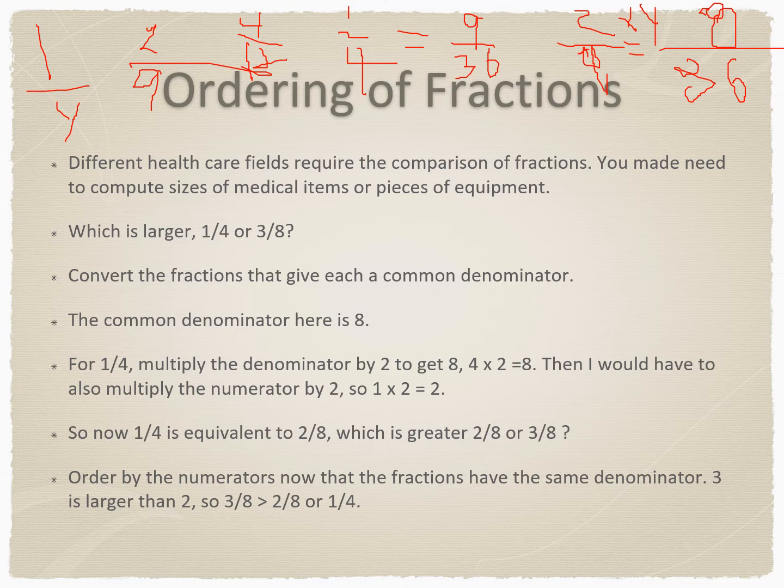And then lastly, I've done the 1/4, I've done the 2/9, and now I have to look at my 4 over 12. I have to turn my 12 into 36, so I multiply it by 3.